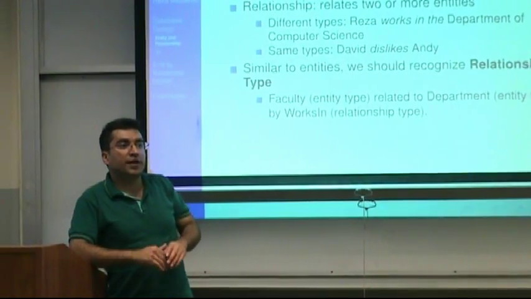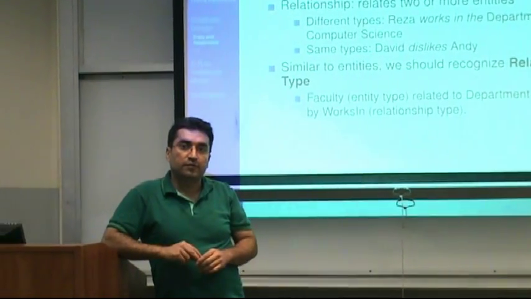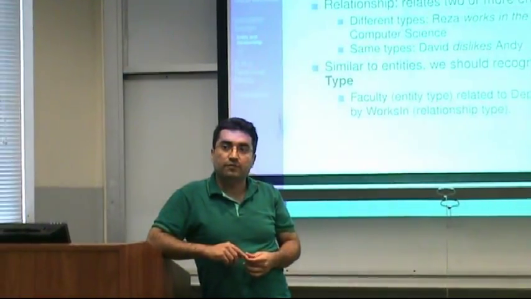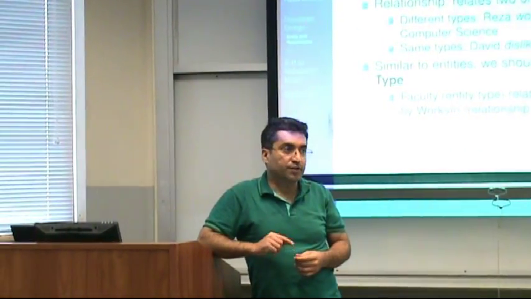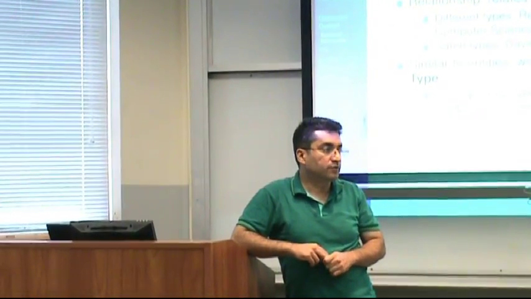Could you bring one more example of a relationship on the same entity type? A car is faster than another car. Exactly. One car is faster than the other car. And more.